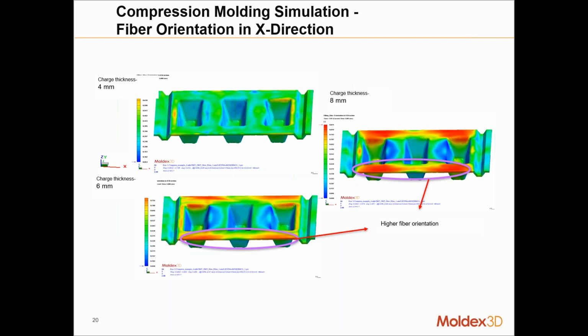So anything you see in red here is highly oriented in the X direction. Anything close to the blue means it's not aligned in the X direction. It's random. So the closer it is to blue, it's random. The closer it is to red, the higher the fiber is oriented in the X direction. Okay, so we can see the 8 and the 6 millimeter charge have high fiber orientation in our X direction.